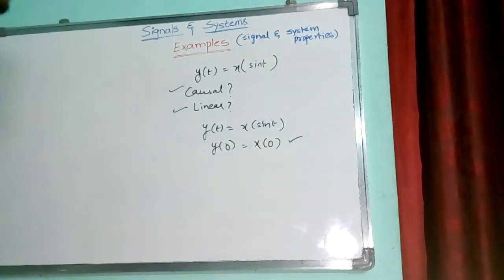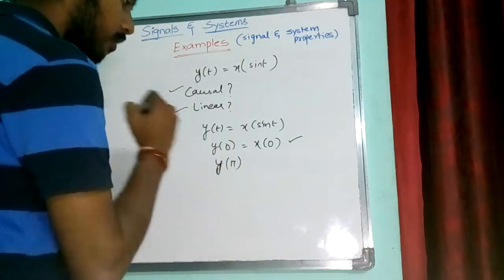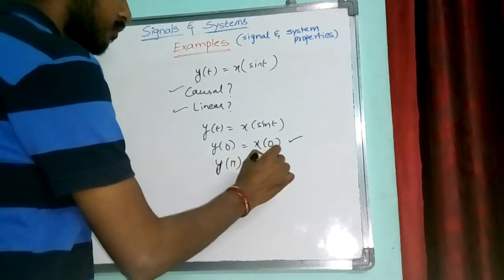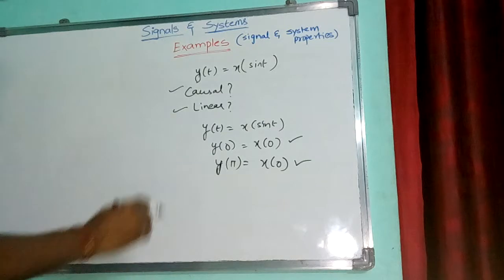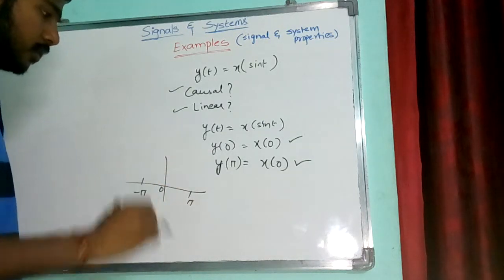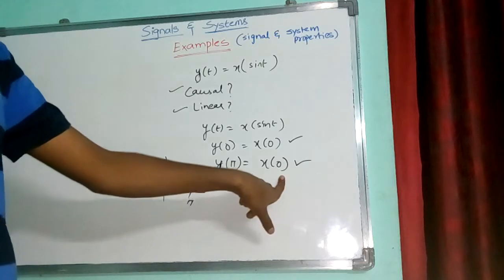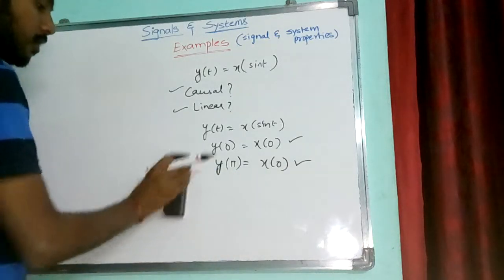This condition is satisfied, but we cannot say it is causal by only one condition, so I need to check others. Now I'll go with y of pi. This gives me x of 0. This is also okay. Whenever I consider this is pi, this is 0, this is minus pi, this future value is depending upon the past value. It's okay, right?